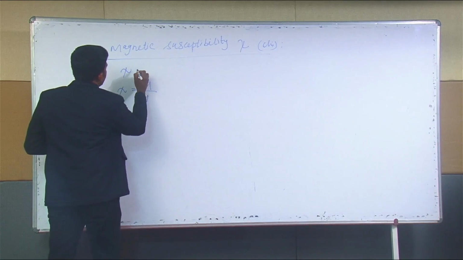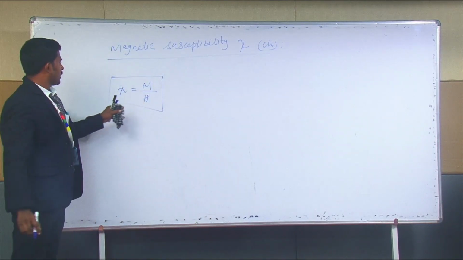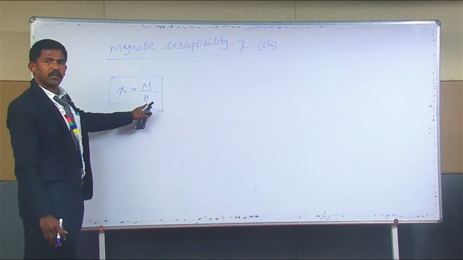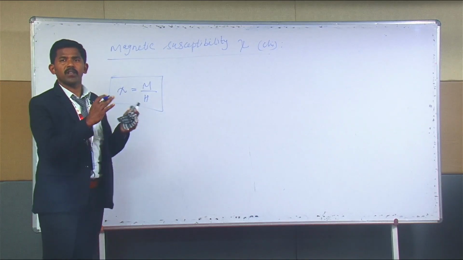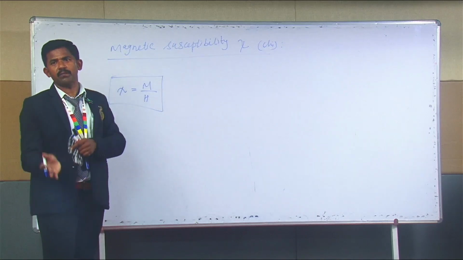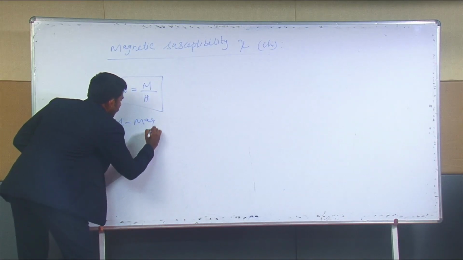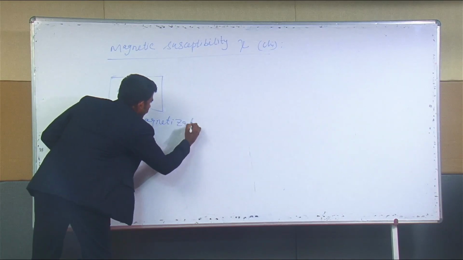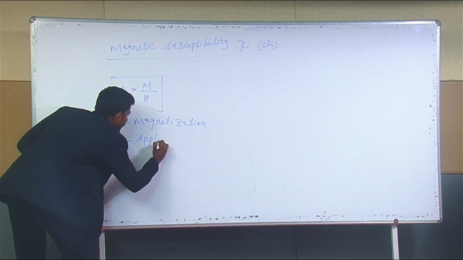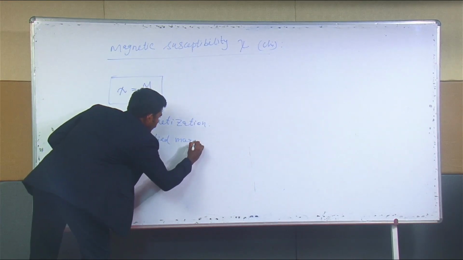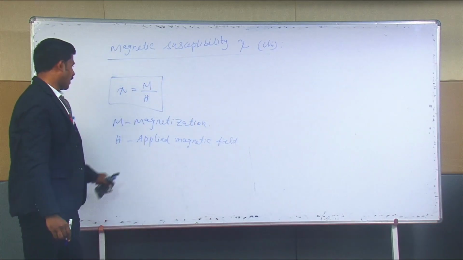So susceptibility is a ratio of magnetization over how much magnetic field we are applying. Magnetization is the process of converting a non-magnetic material into a magnetic material. M is the magnetization, and H is the applied magnetic field, or magnetizing field.